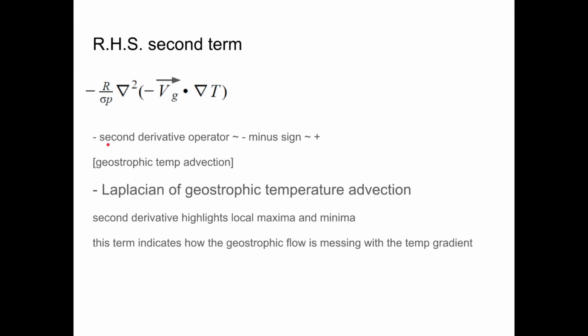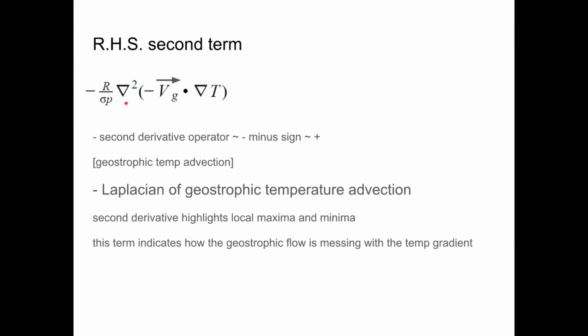And the second derivative operator we just talked about before, we can treat it as a minus sign. So we have two minus signs, they cancel each other out. Basically, we just think of this as a plus sign. And we're basically just looking at the geostrophic temperature advection in this term. So the real simple way of interpreting this is if the geostrophic temperature advection is warm, this would be a positive number, and this would be positive forcing.